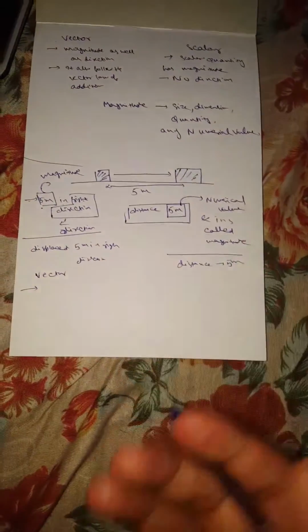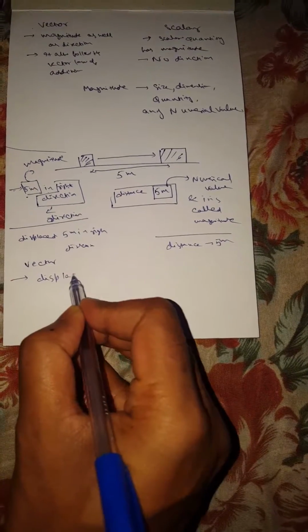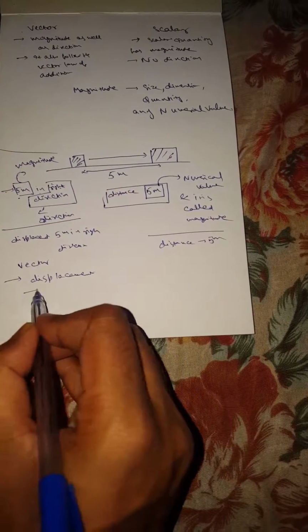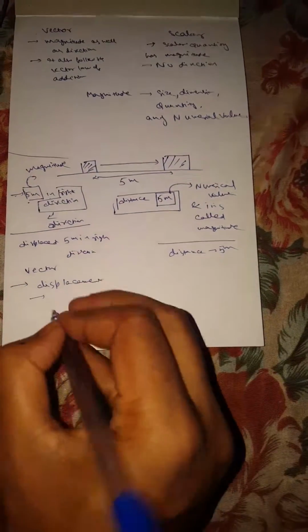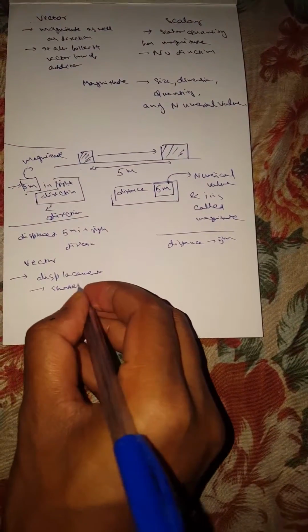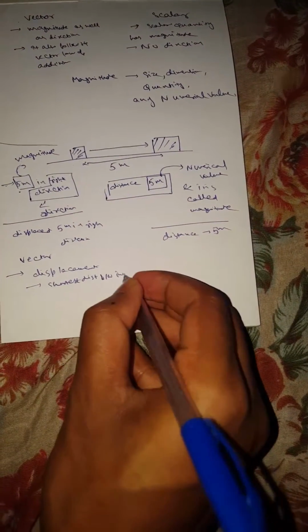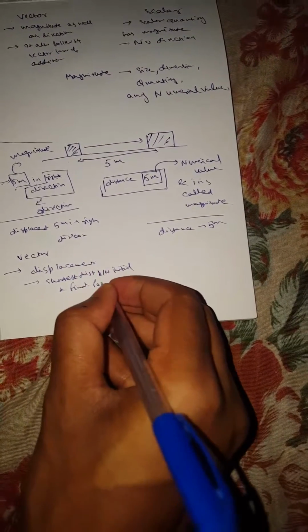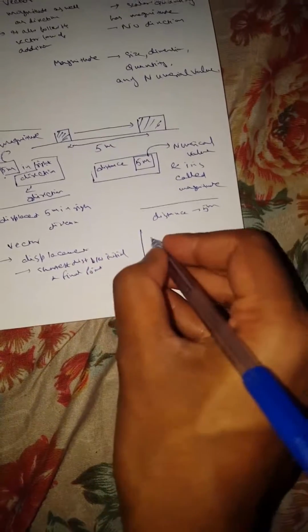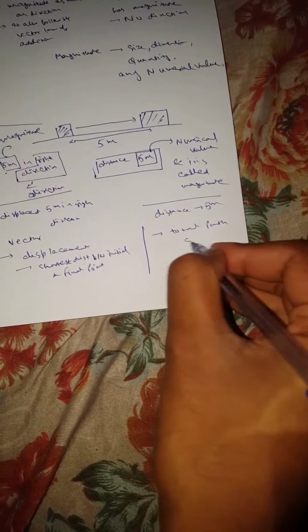I am just making you understand that displacement is the shortest distance between the initial and final point, and distance is the total path covered.